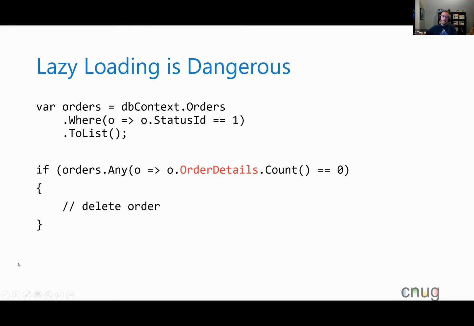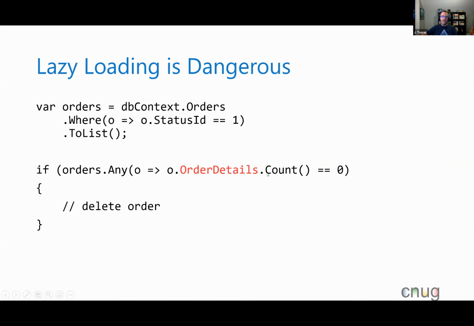I mean, if you look at this code, it seems fairly innocuous. I look at it and say, oh, it must already have gotten the order details. I have to actually look at the query up here to see that there is no .Include for order details. It's not actually pulling those back as part of the original query. So here it's actually going to be loading them for each and every order in this collection.